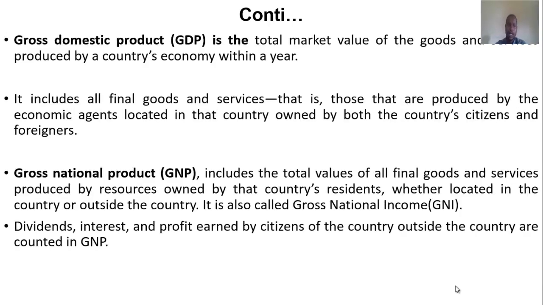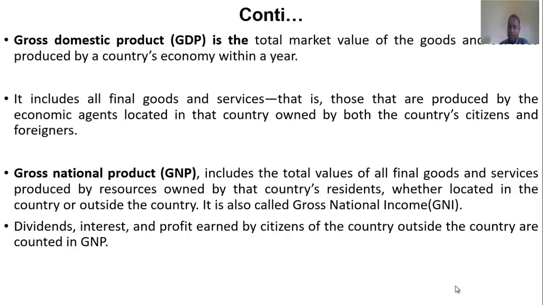When we say gross domestic product, it is the total market value of the finished goods and services, mind you, final goods and services, produced by a country's economy within a year. The citizenship of the owners of the goods and services doesn't matter.